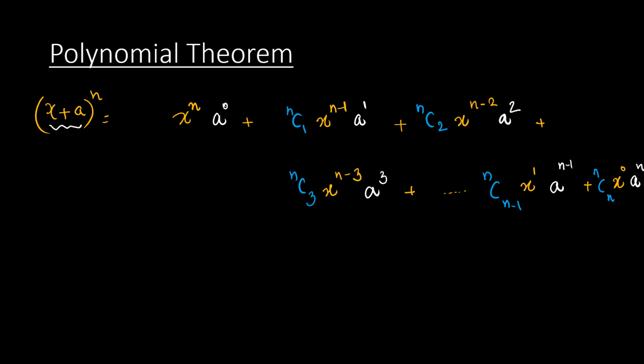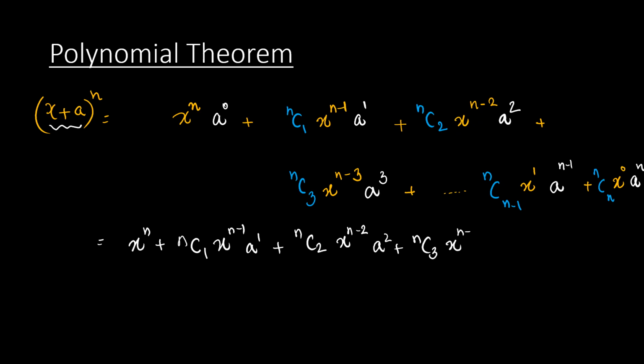Now what is it? This is x raised to n plus nC1 x raised to n minus 1 a raised to 1 plus nC2 x raised to n minus 2 a square plus nC3 x raised to n minus 3 a cube plus etc., nC n minus 1 x raised to 1 a raised to n minus 1, and the last term is a raised to n.